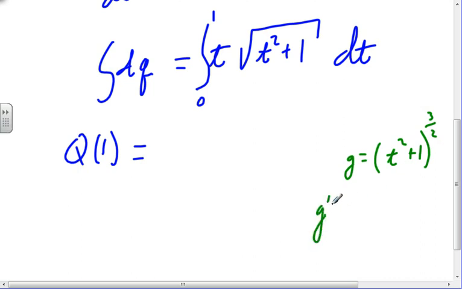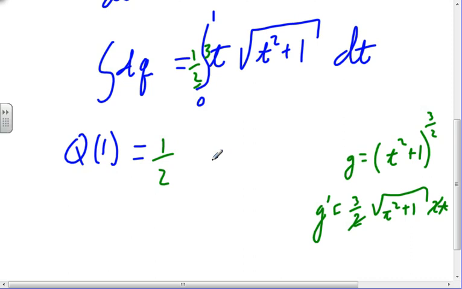And when I take that derivative, I get 3/2 square root of t squared plus 1 times 2t. The 2's go away. I need a 3 here. I need a 1/3 on the outside. So it's going to be 1/3 t squared plus 1 to the 3/2. At that point, I know I'm not integrating between 0 and 1 anymore.